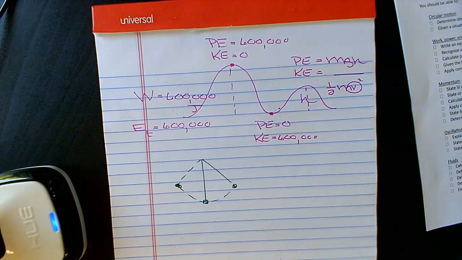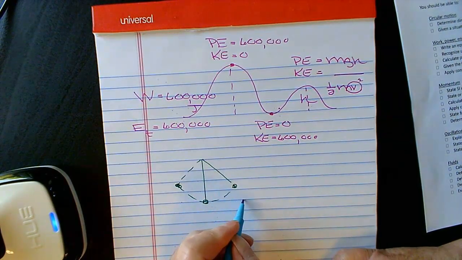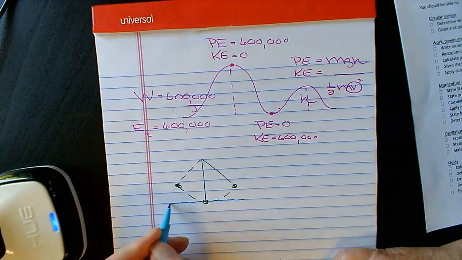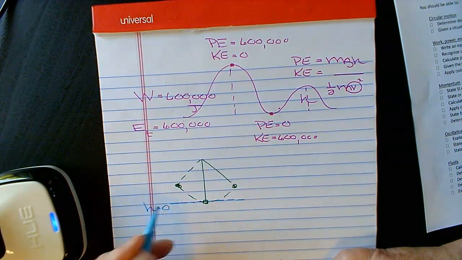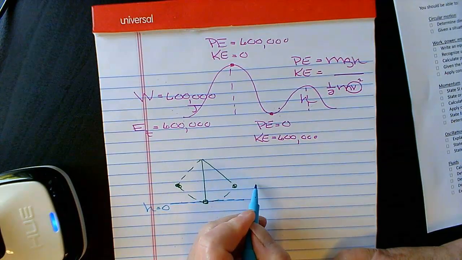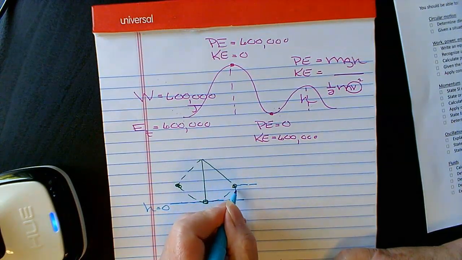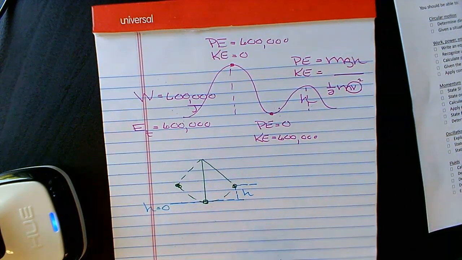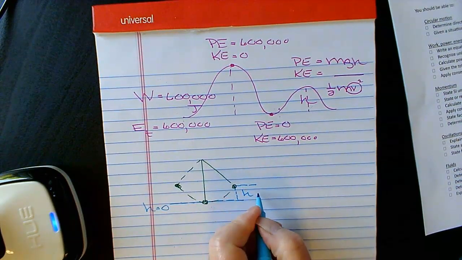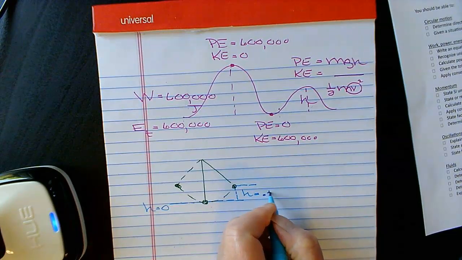When I look at a swinging pendulum with conservation of energy, we can have an H equals 0. I'll call that here. And you can see that it goes up a certain height, H. So I'm just going to make up a number here. Let's pretend it goes up 0.4 meters.